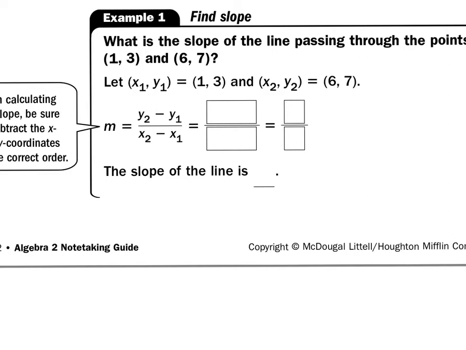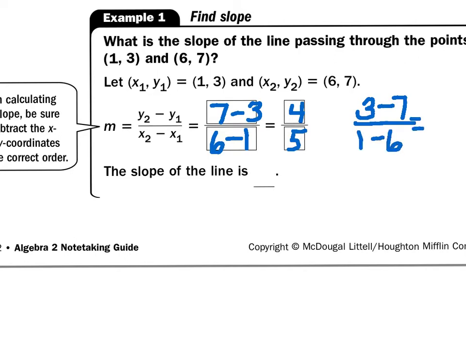So if I say y2 is 7 minus y1 is 3 over 6 minus 1, that equals 4 over 5. Now let me flip those around and prove to you that it doesn't matter which way I start with. So if I said 3 minus 7 over 1 minus 6, I would get negative 4 over negative 5. And then when I cleaned up those signs, it would still be 4/5. So the slope of the line is 4 over 5.